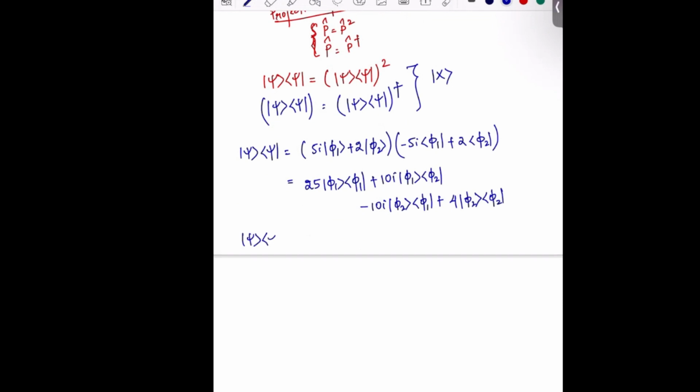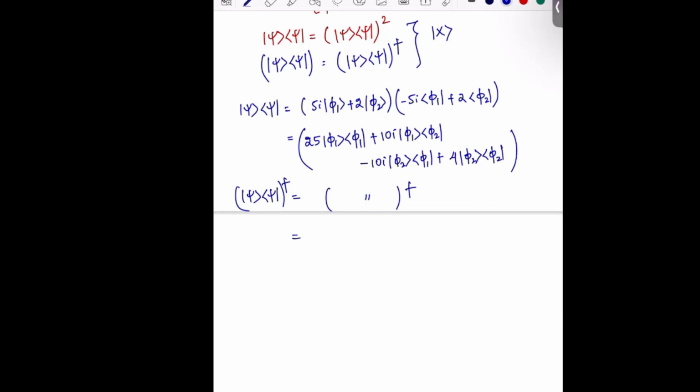Now you have to take the dagger. So dagger is nothing but you have to take this whole expression dagger. If you solve it, the dagger of a real number is 25 only.